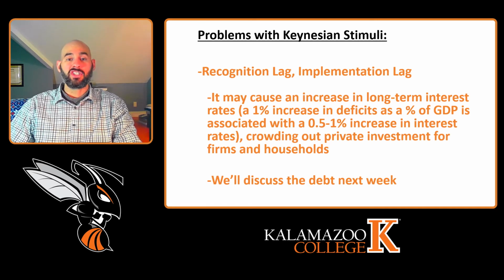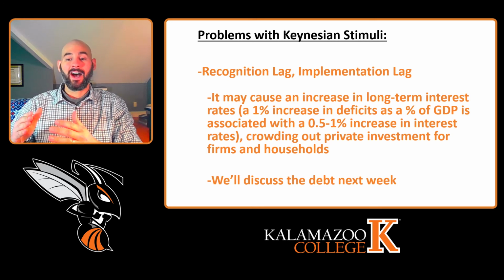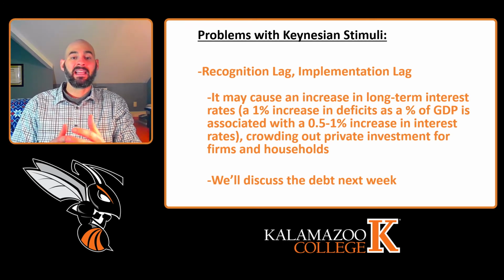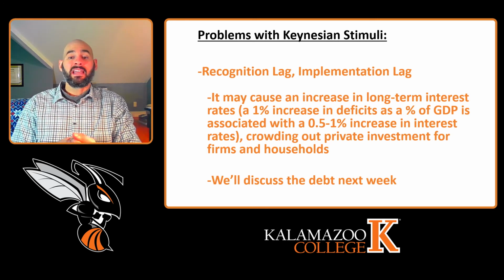And statistics on GDP are released officially 4 times a year. So while we're waiting between those intervals, the economy may be worsening, and Congress or state legislators may not have the information that they need to say, hey, we need to enact this policy now.